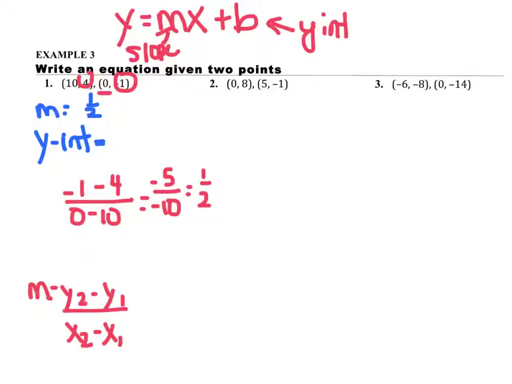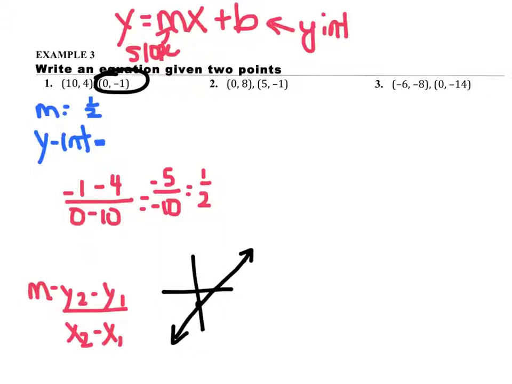Now our y-intercept. Well, let's think about where the y-intercept is. Remember on a graph, if I were to draw this graph, I would have my point (10, 4). I'd go all the way over 10 and up 4. And then this one right here, my point is at (0, negative 1). So it's crossing the y-axis at negative 1.